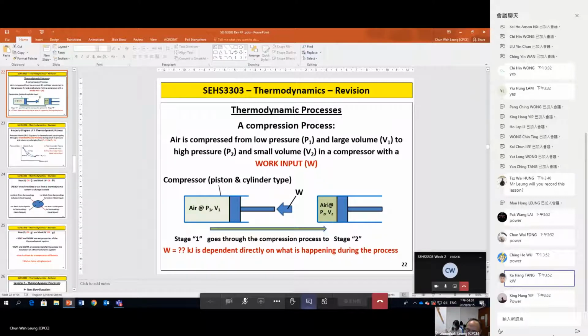So at the end of the process, all the properties may change. Pressure changes from P1 to P2, volume changes from V1 to V2, temperature changes from T1 to T2, and the internal energy may also change from U1 to U2.